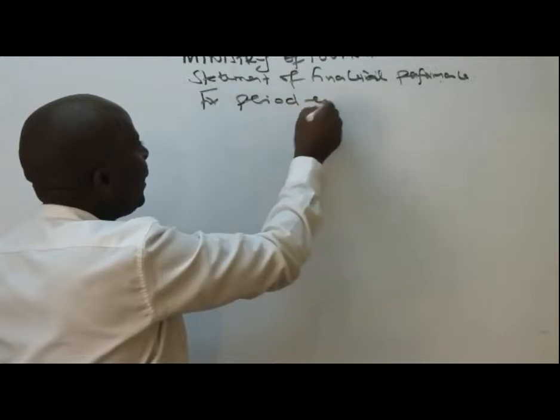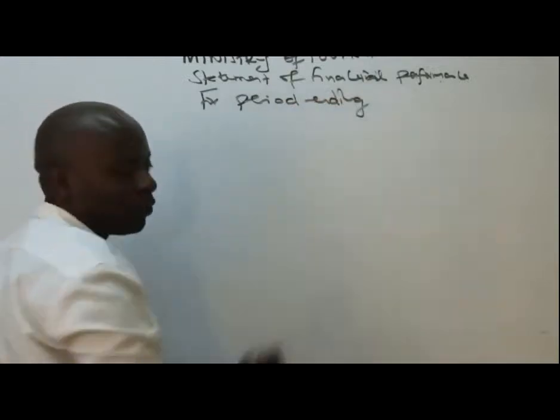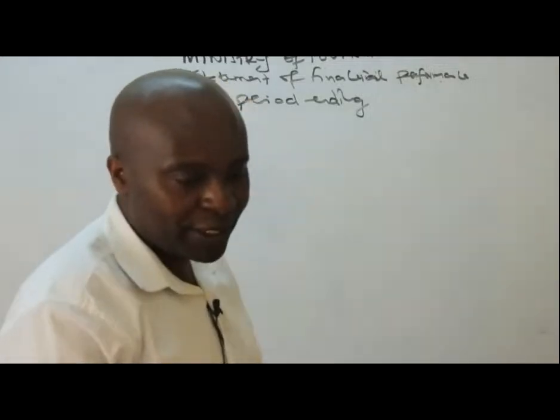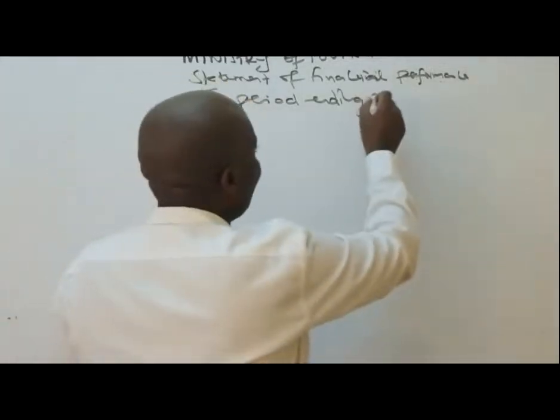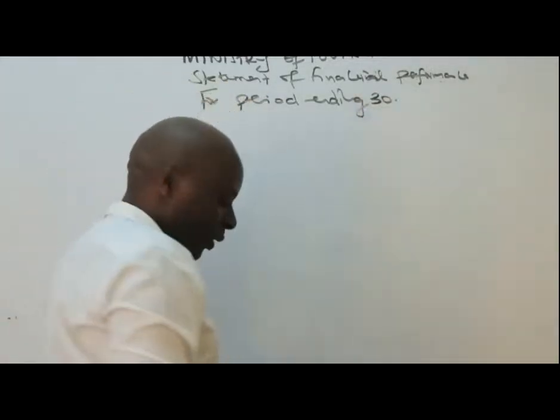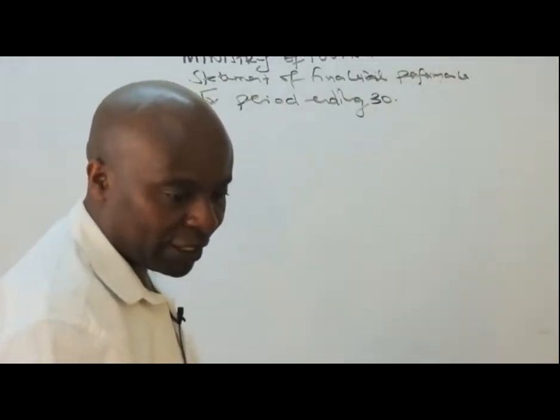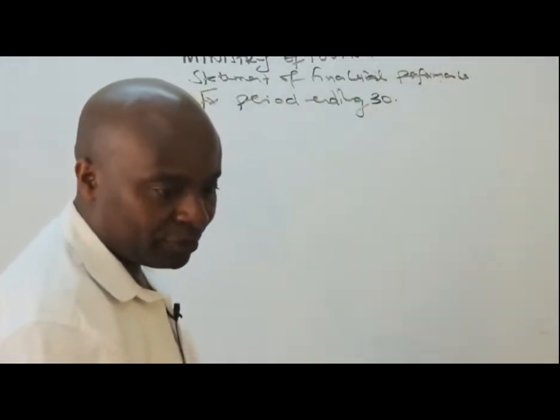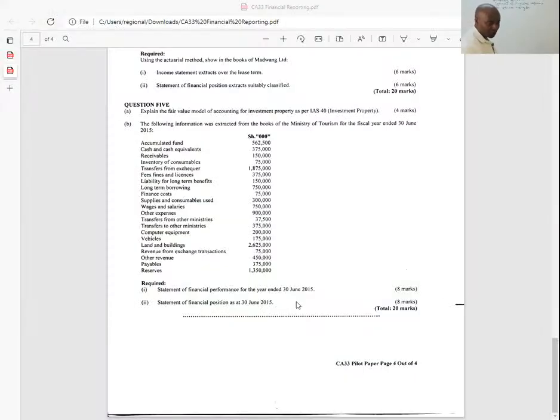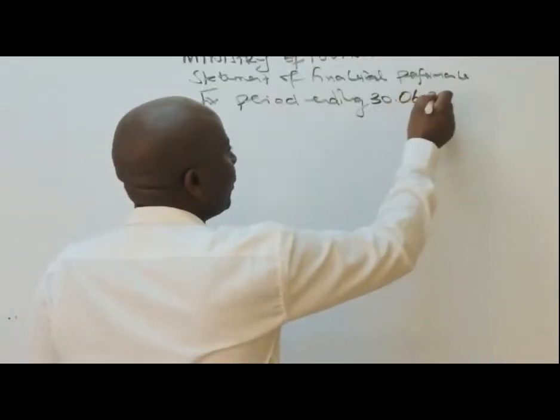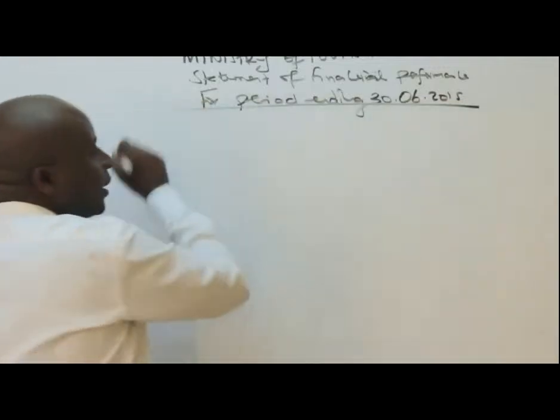For period ending, they must give us the period really. For period ending, I think they mentioned there 30th June. 30th when? They must be having a period here. So for the period ending 30th June 2015, like that.